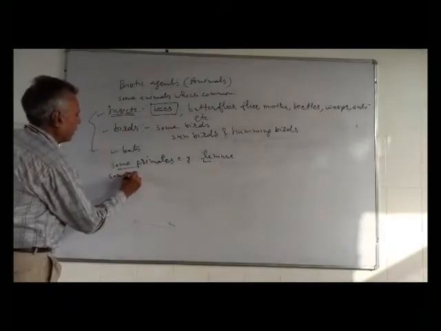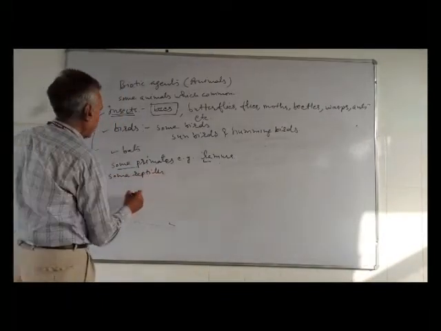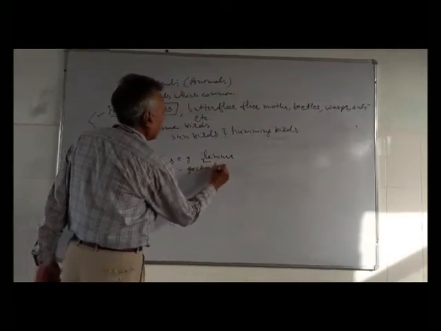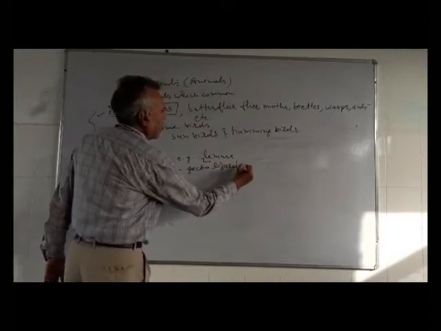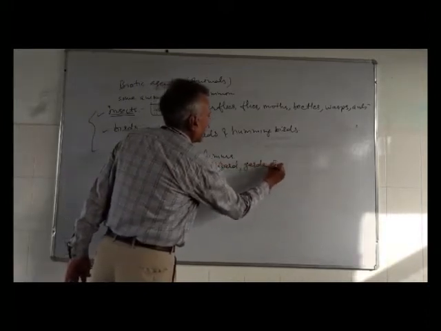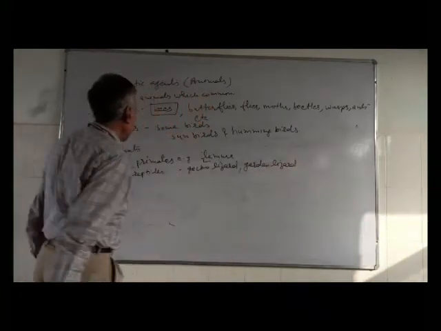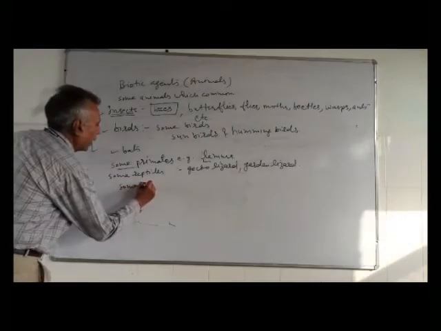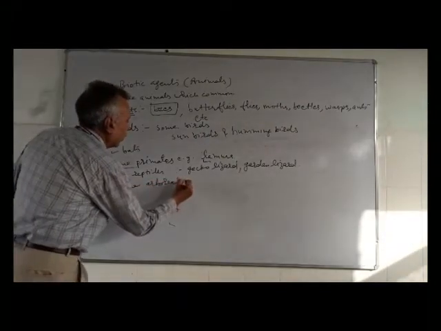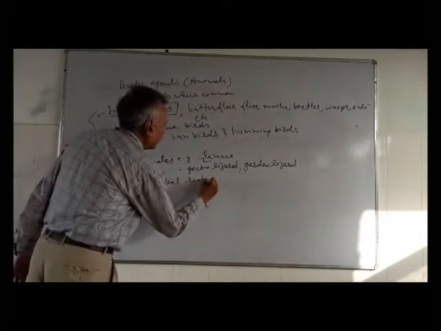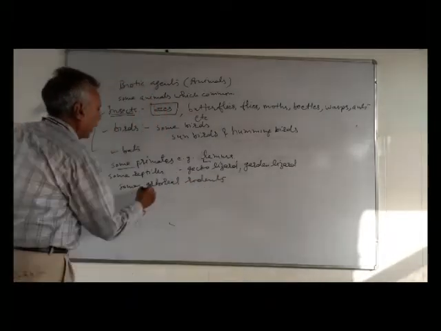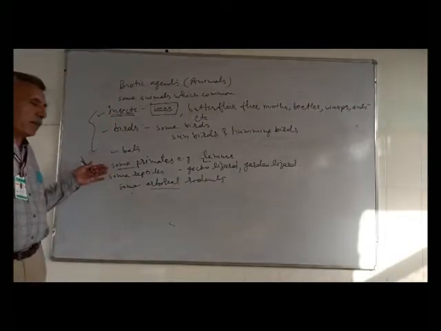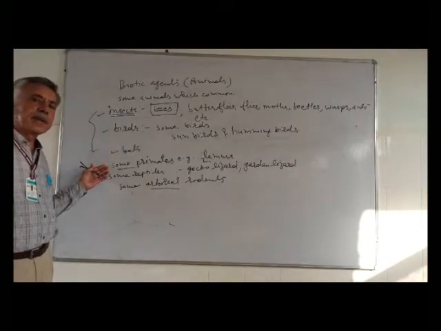Some reptiles: gecko, lizard, garden lizard. Some arboreal rodents. Arboreal means tree dwelling. They live in the trees. These large animals have been reported as pollinators in some species.